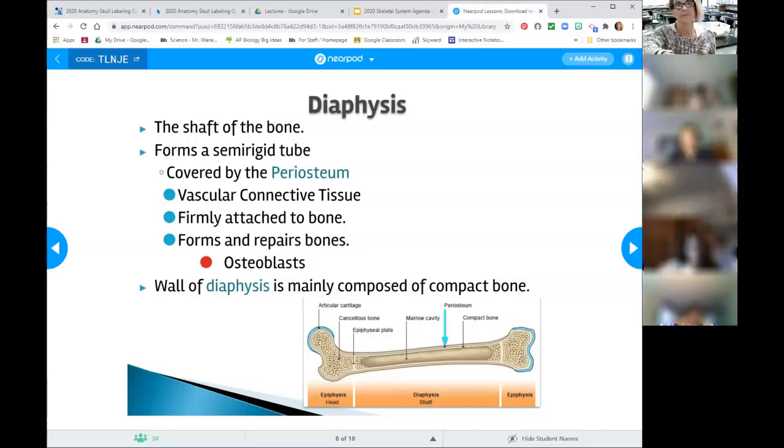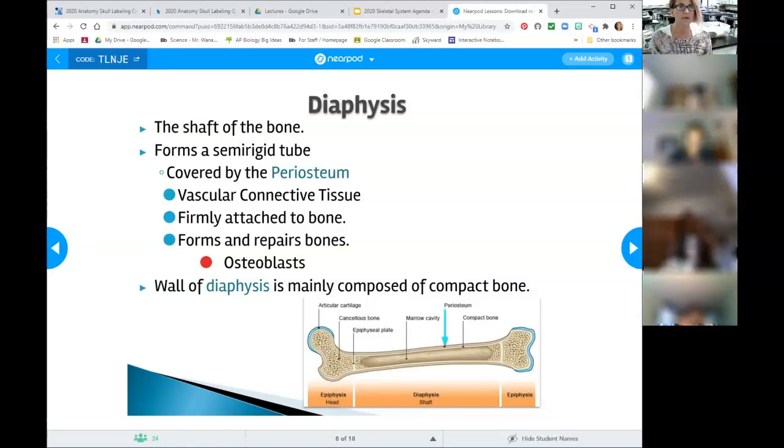We're going to use that same nomenclature for every chapter. There's a perimysium, a periosteum, a pericardium. They all have that same nomenclature where the peri means around, the middle root is what it's referring to, and then eum is the tissue. So it's highly vascular, meaning it has blood vessels. So it has a good blood supply, and it's firmly attached to the bone.